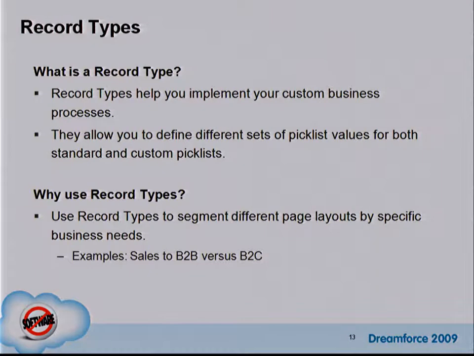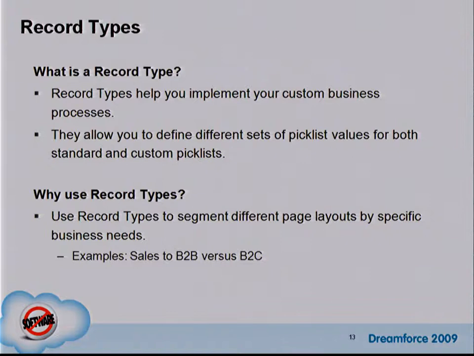Okay, that's only relevant. In fact, I'll even use this mechanism to filter all my pick lists. So maybe I have a pick list that has dozens and dozens of values, but maybe certain values on that pick list are not relevant for B2B. Maybe they're relevant for B2C. So the record type can also be used to act as a filter, only show those values that are relevant for the current scenario.